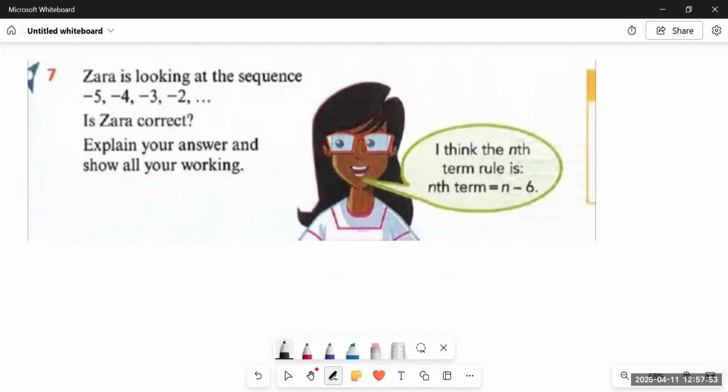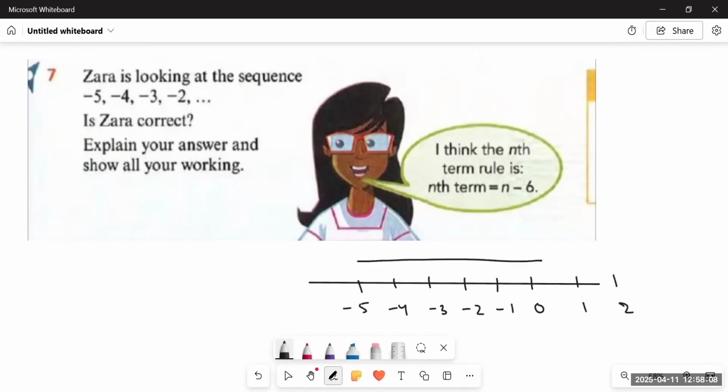If we draw these numbers on a number line, we will see that we are going towards the right. -5, -4, -3, -2, -1 comes 0 and then start the positive numbers. It means from the left side, we are going towards the right. And whenever we move towards the right side, we are basically adding. So here also we are adding 1 every time.